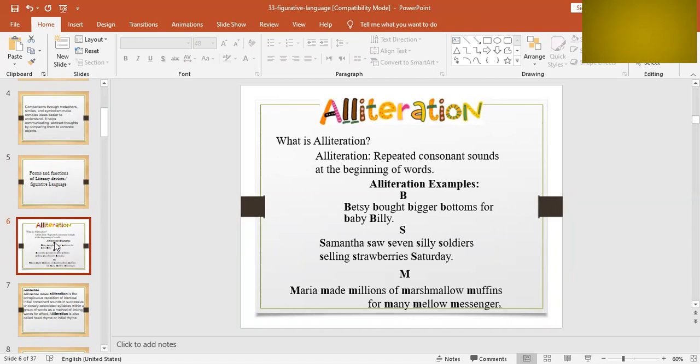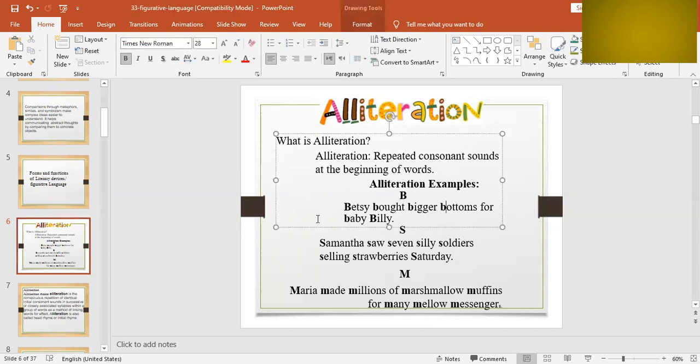You see, we repeat here the B in the beginning of words, baby, Billy. So you repeat the same consonant. This is alliteration. This is what's called in Arabic jinas. Now another example.